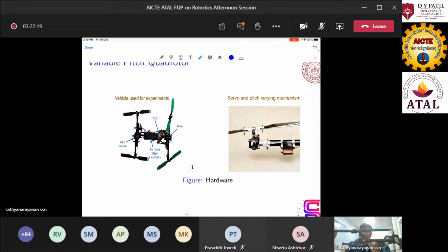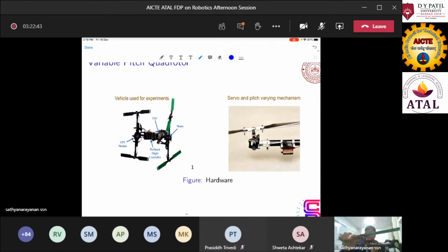If it is rotating in a clockwise direction, then you can see that this part is flat here. So when the air attacks, it pushes the air down, thereby generating thrust upward. So instead of changing the speed of the rotor, you change the pitch of the rotor.